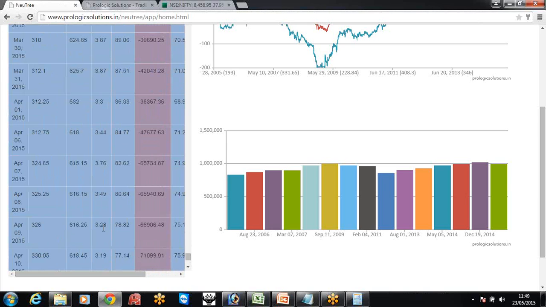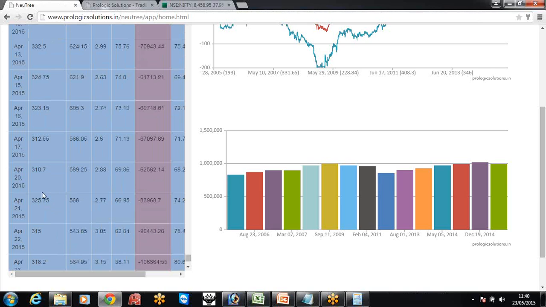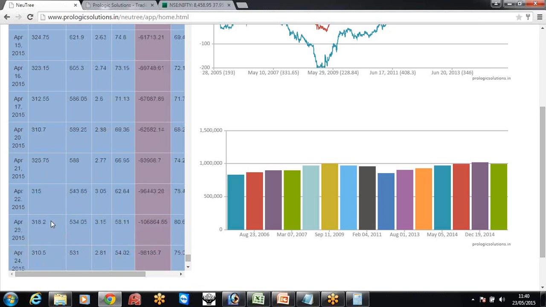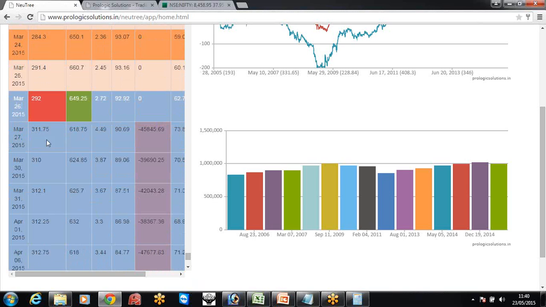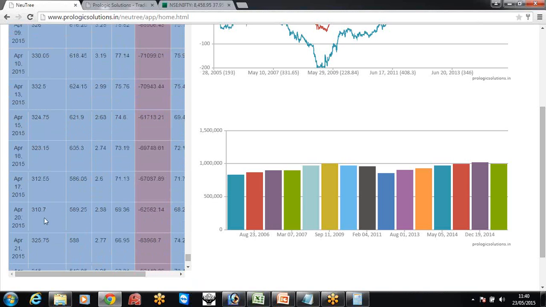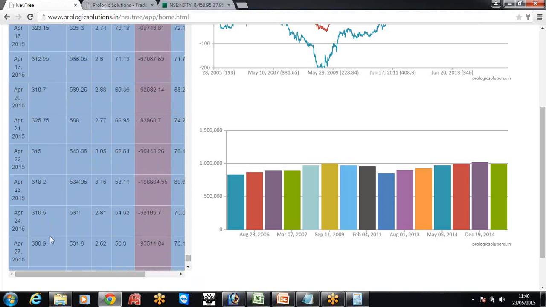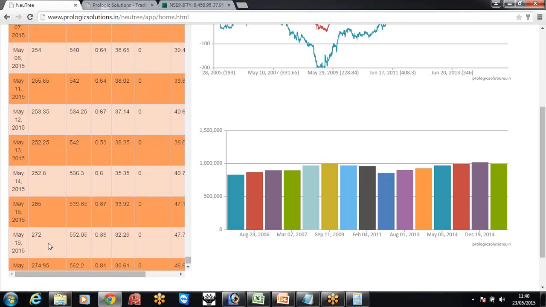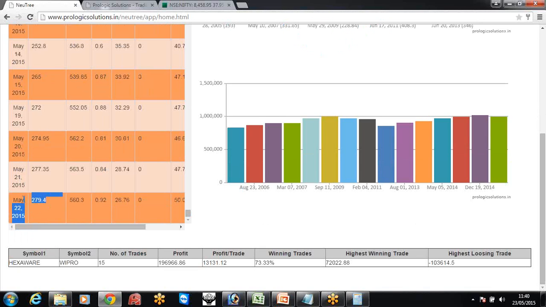We knew that Hexaware peaked at around 330, but we still stayed on that trade. We knew that Hexaware would come down because we had shorted Hexaware here. It went up to around 330, and then it fell down, and now it is somewhere around 279.